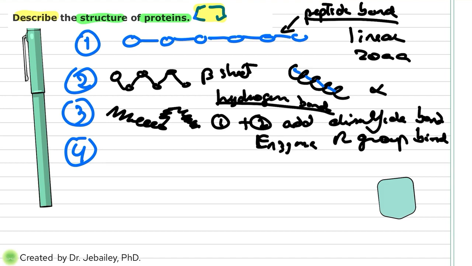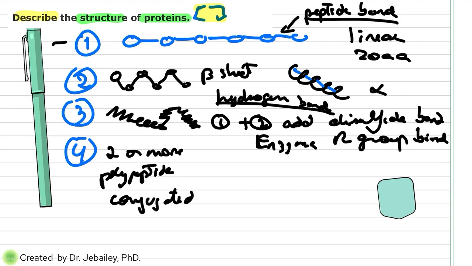And then you have the quaternary, which means there are 2 or more polypeptide chains. It's not just one chain like the first one here. You have 2 or more. And in this case, you also have conjugated molecules, which can be vitamins or minerals, such as calcium or iron, added to it.